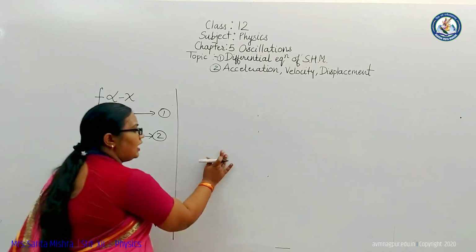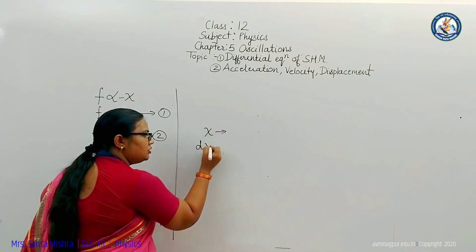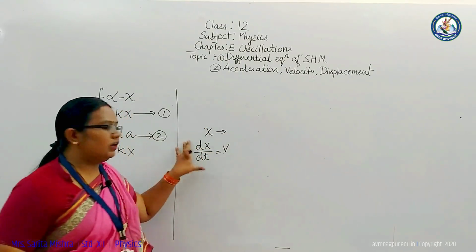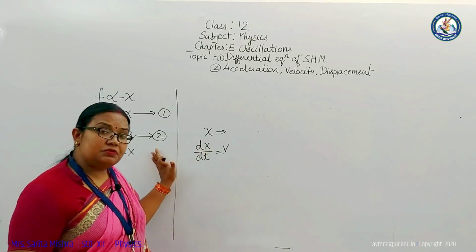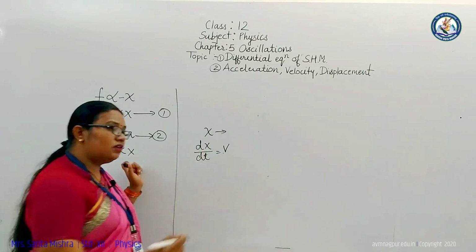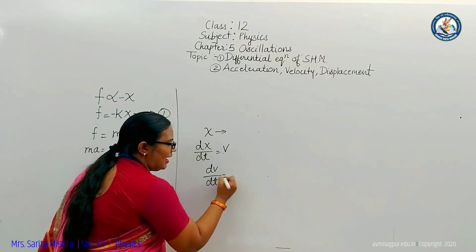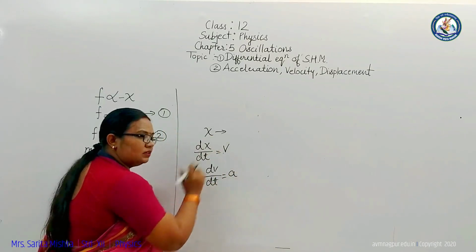What is x? As we know, x is the displacement, and the rate of change of displacement is known as velocity. So the rate of change of displacement or position with time in a particular direction is the velocity, and the change of velocity with time is known as acceleration. As we know, v is dx by dt.